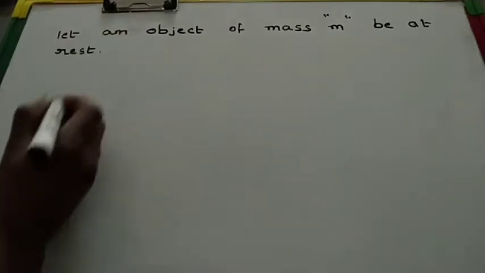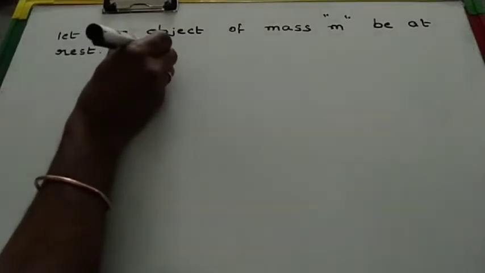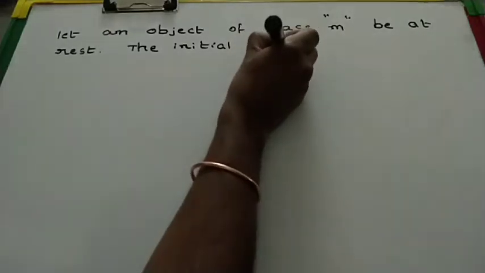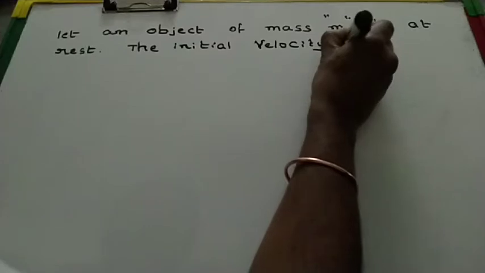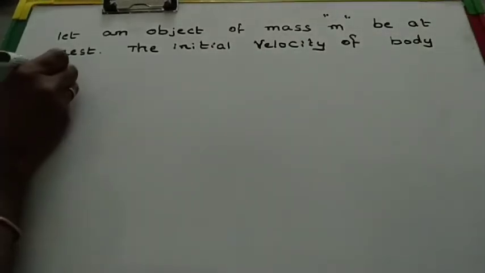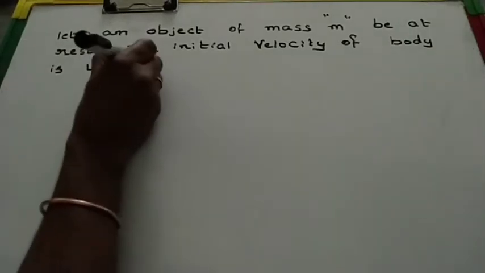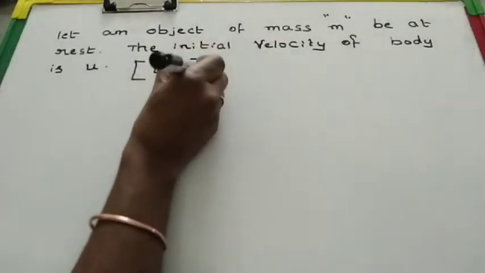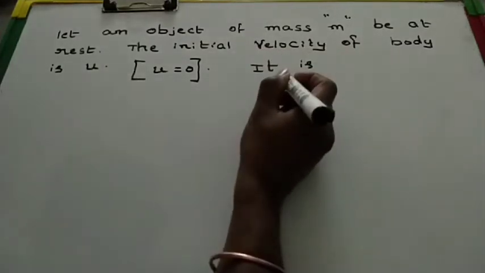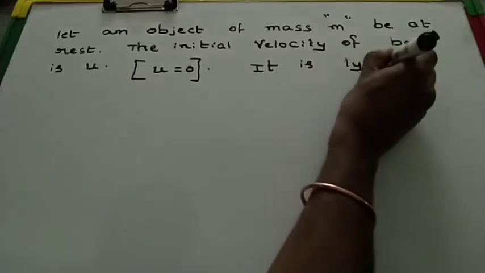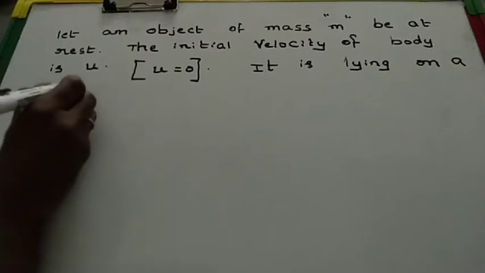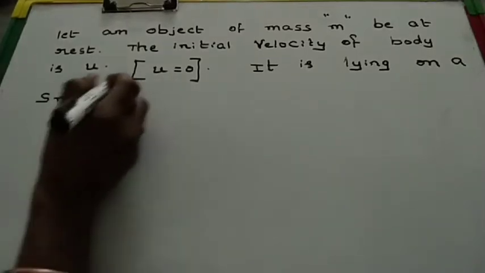The initial velocity of the body is u. Since u is equal to 0, it is lying on a smooth surface.